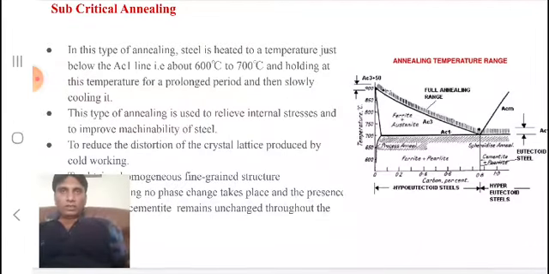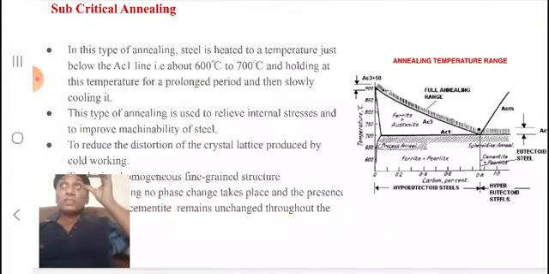I repeat, process annealing and subcritical annealing are both the same, and this annealing is carried out in a range of 600 degrees centigrade to 700 degrees centigrade.